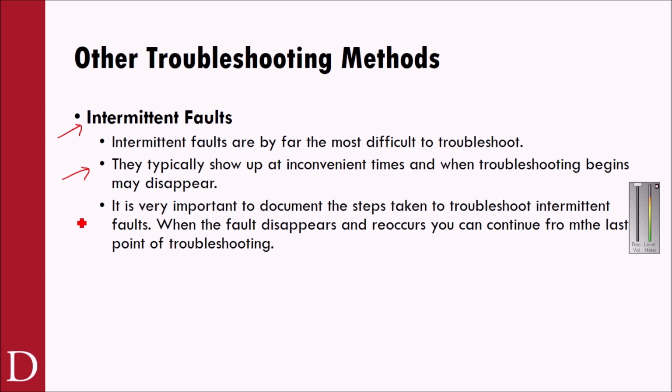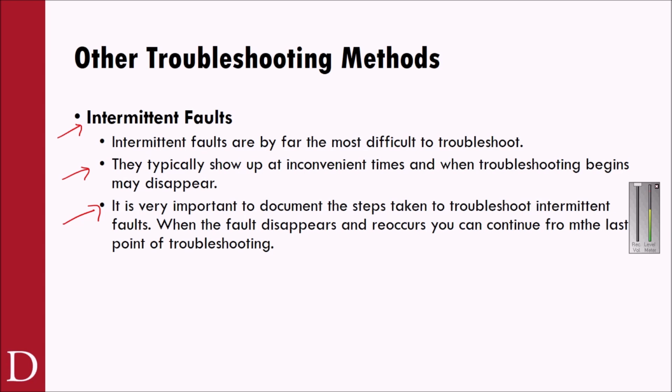I will tell you, when you're looking at intermittent faults, what you want to do is, when you get the fault, begin troubleshooting. Document every step you've taken to troubleshoot that intermittent fault. If that fault disappears while you're troubleshooting, fine, stop. But the next time that fault recurs, you never want to assume, right?